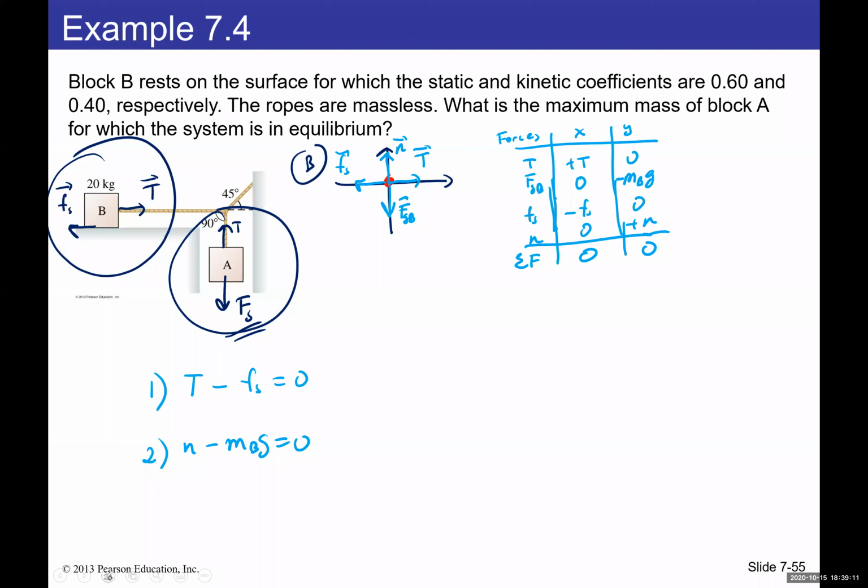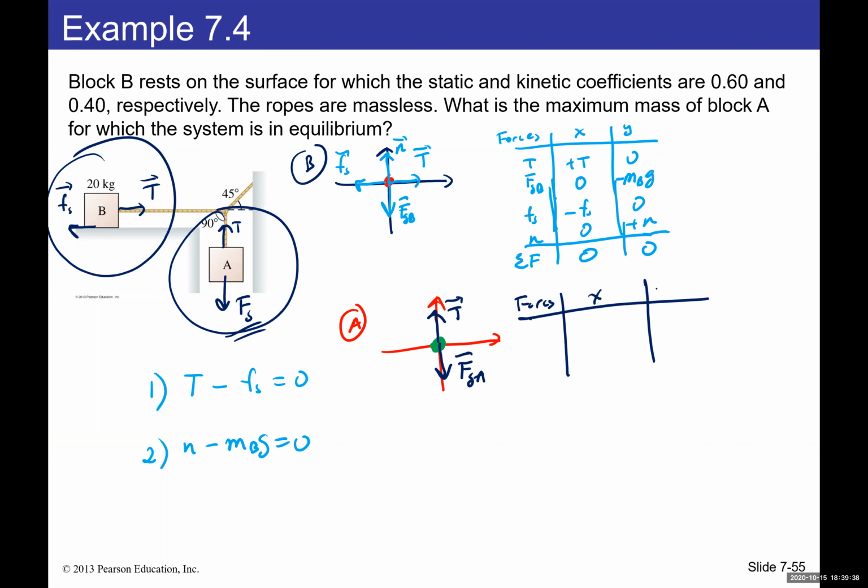Next, I do the force table, basically the same thing, for system A. Here's my A, the object at the center. Now let me do all the forces. It has only 2 forces: the gravitational force on A and the tension. So my force table will be simpler because there's nothing in the x direction.